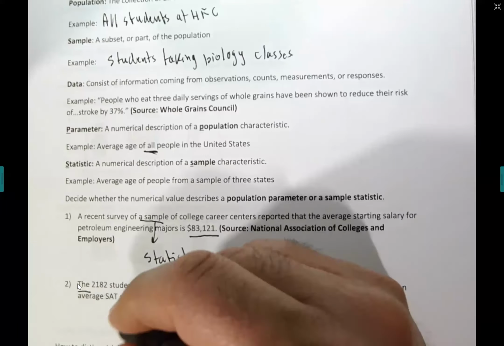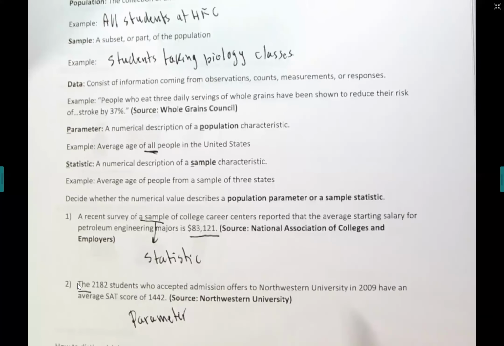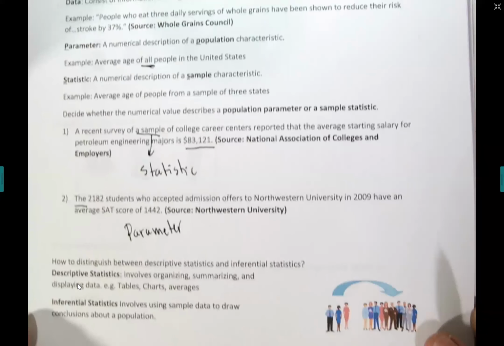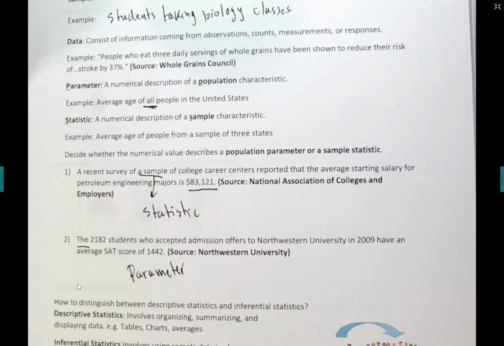So you are correct, it is a parameter. Okay, next. So now we learned what the population is, what a sample is, what the data is, what the parameter is, what the statistic is. More definitions to come.